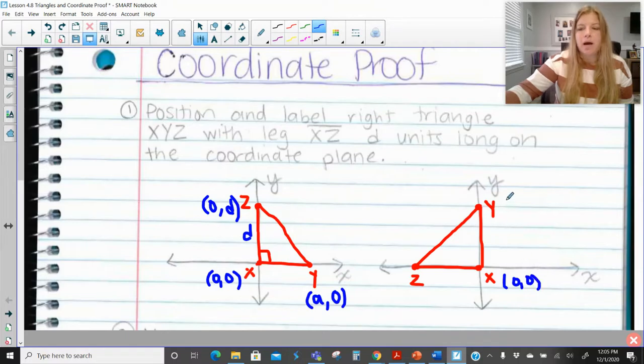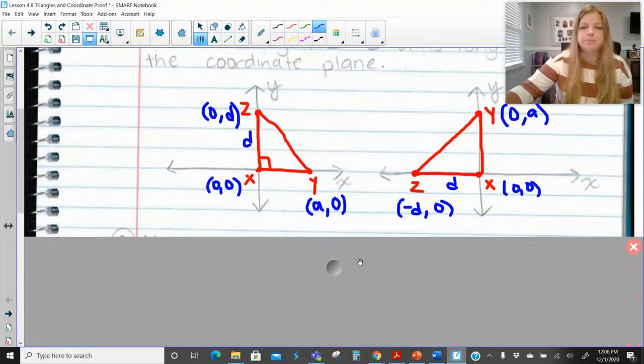I don't know how high Y is, but it's at 0 and some height A that I don't know. And then since this is D units long, this Z value is actually then at (-D, 0). Okay, so whatever this point is, if it's D units long, it would be at negative D.